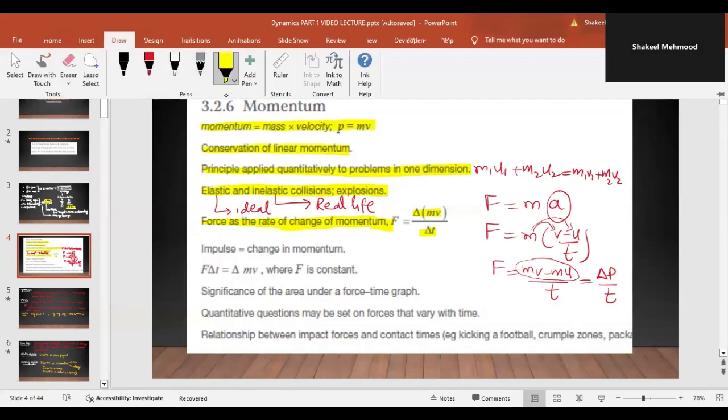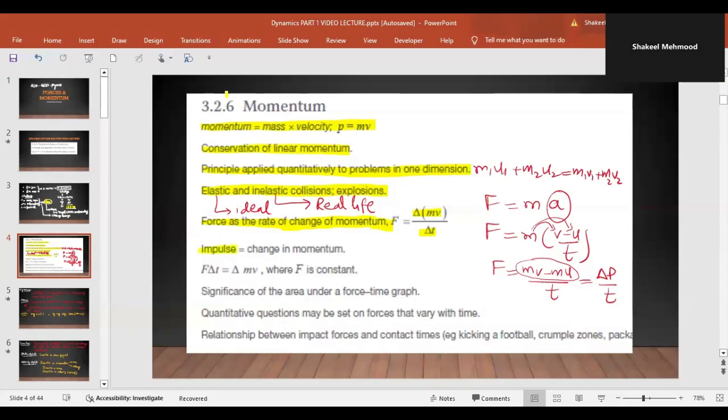And then after this, impulse is a change in momentum. This again you have done in O levels, which is the product of force and time. If you multiply this time with this force, you're left with the change in momentum, delta mv.